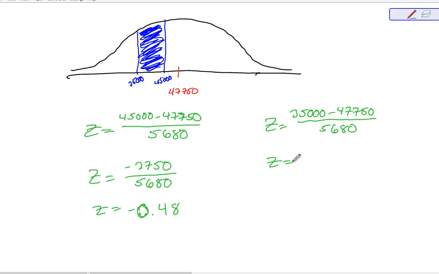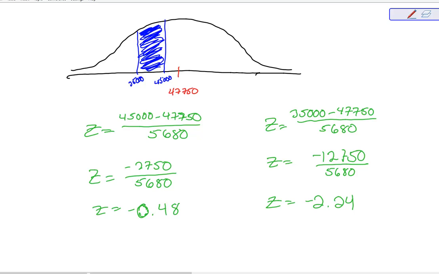And that gives me a negative 12,750, divided by 5,680, which gives me a negative 2.24. So these are my two z values.